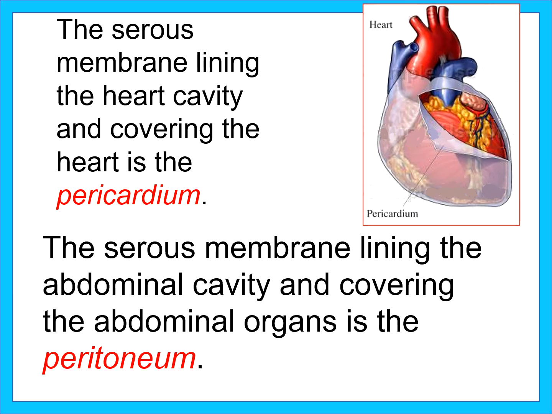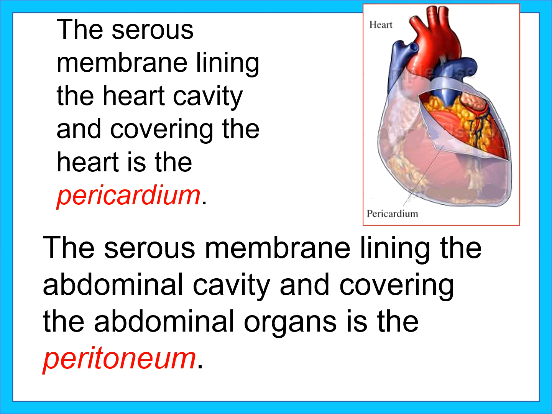So the visceral pericardium is the portion of this serous membrane that actually touches the heart. And the parietal pericardium will be the portion of the serous membrane that lines the pericardial cavity. And in between will be that serous fluid.